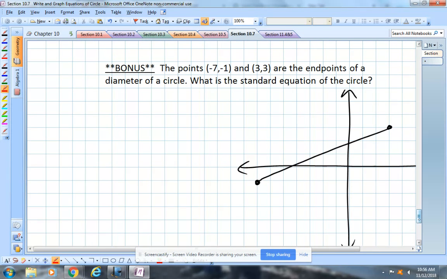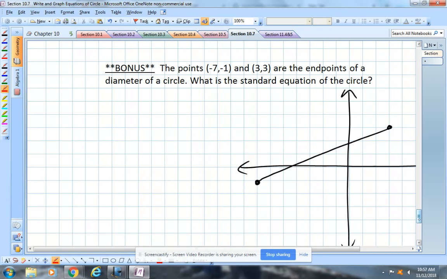Not mid-segment. Midpoint, right? This is a segment, right? Halfway across that segment is called the midpoint. That's what I need because half the diameter is the center, which would make a radius, right? So I can find the center of this circle by finding the midpoint between these 2 points.